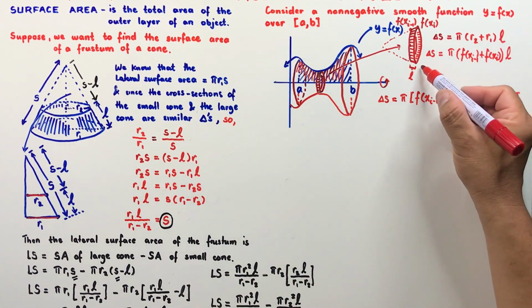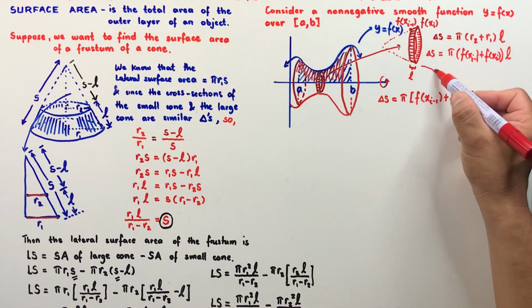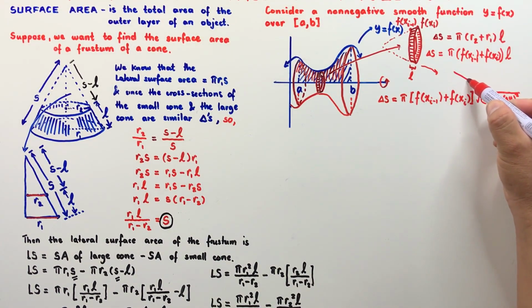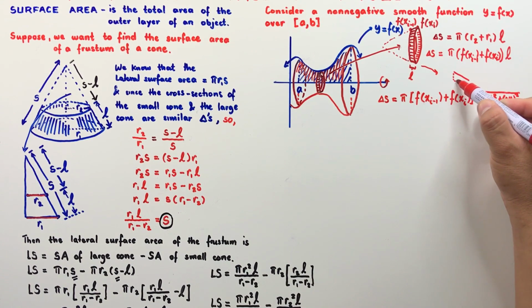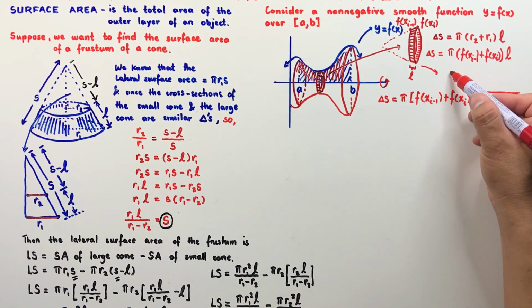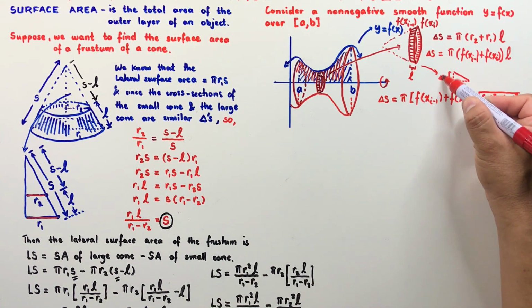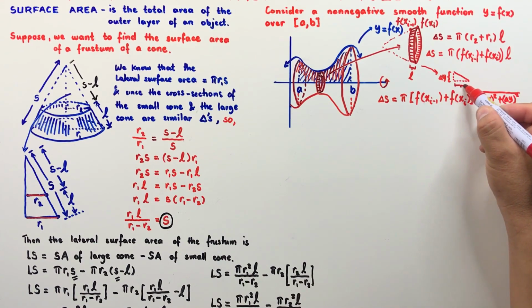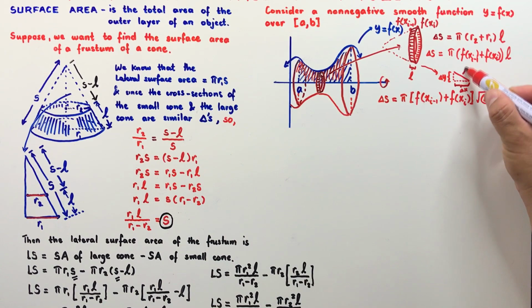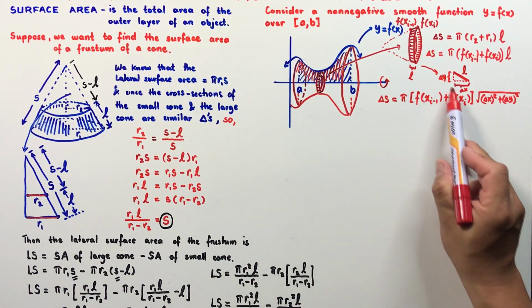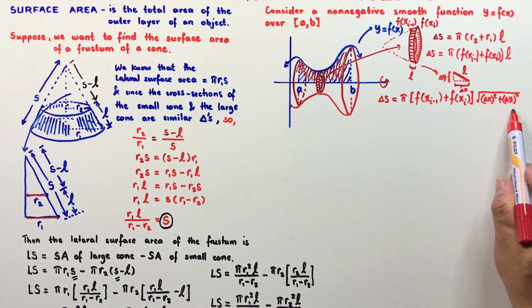Because if we magnify this slant height, this is having a vertical increment of delta y and a horizontal increment of delta x. So to find this incremental length L is to use the Pythagorean theorem, which is this one.